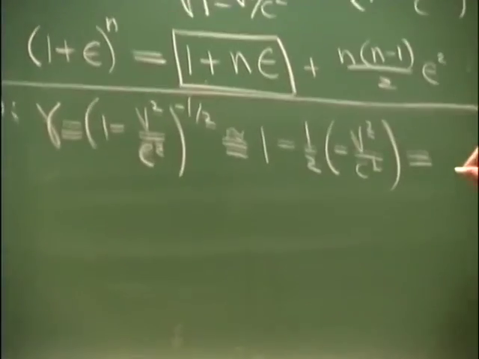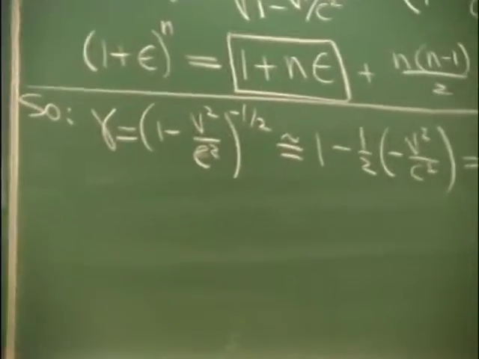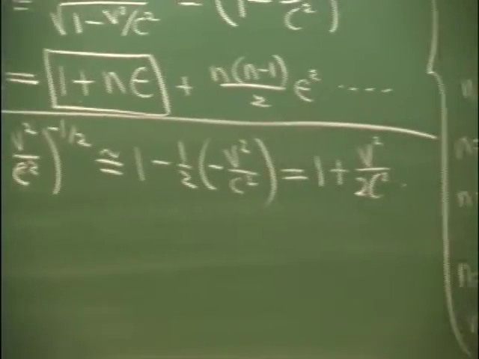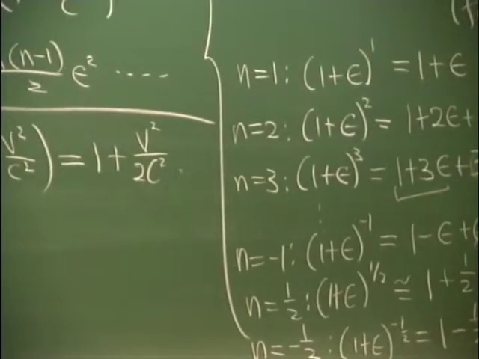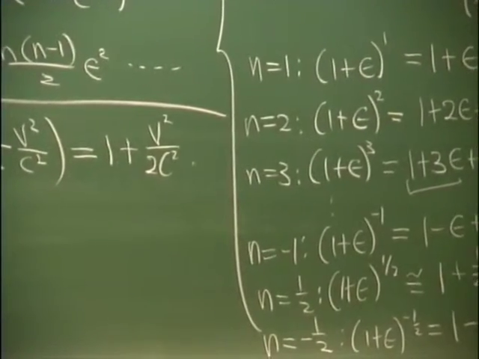So this is equal to 1 plus v squared over 2c squared. How about that? If the velocity is rather small, then gamma is approximately 1 plus v squared over 2c squared.